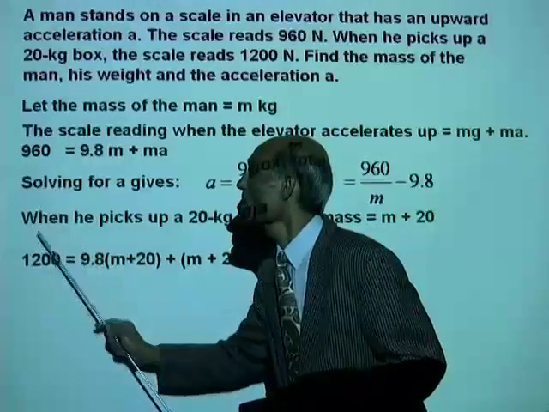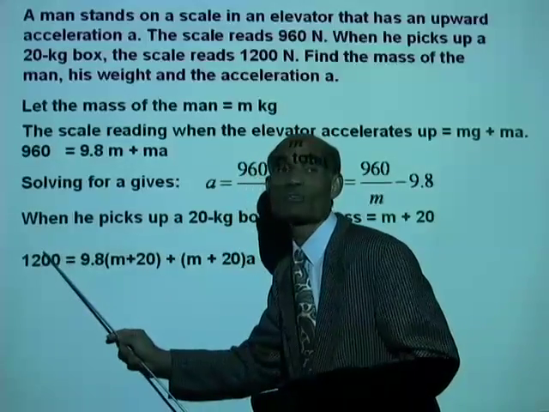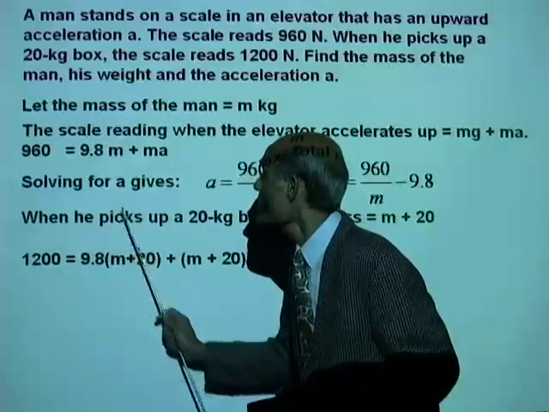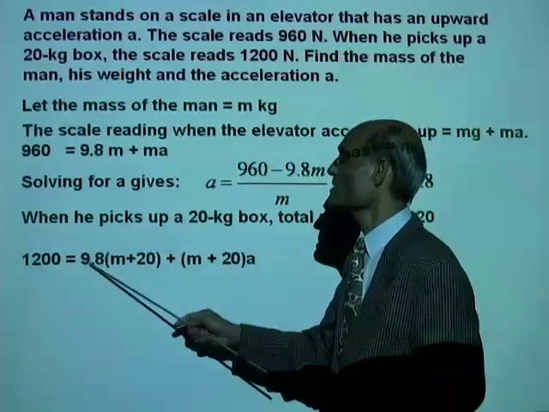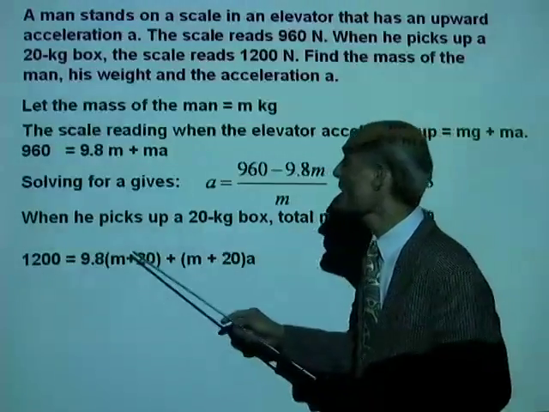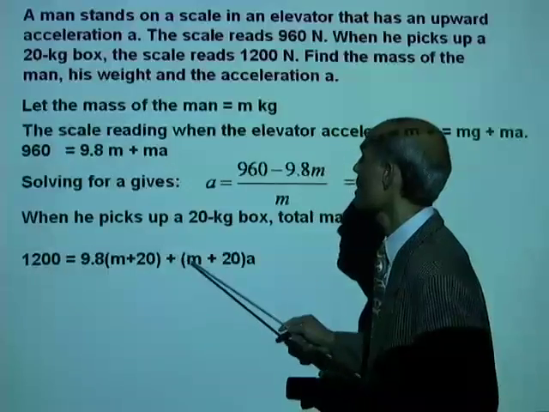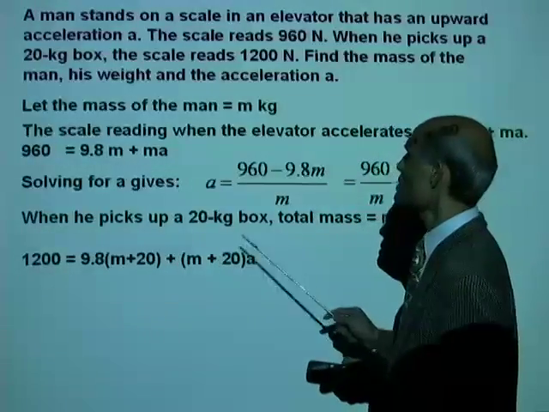We have 1200 equal to 9.8 times m plus 20, plus m plus 20 times a.